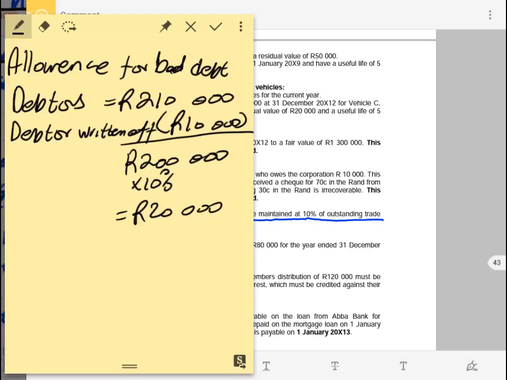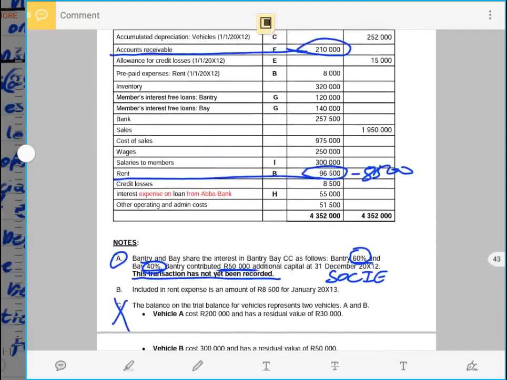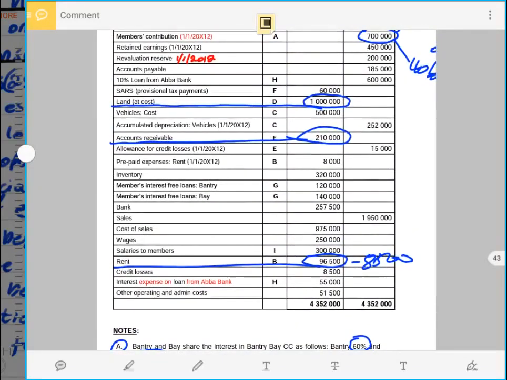Therefore, now this is the new allowance. In other words, this is the new allowance for credit losses. So if this is the new allowance for credit losses, we have to check the old allowance for credit losses, the one that was an opening balance.